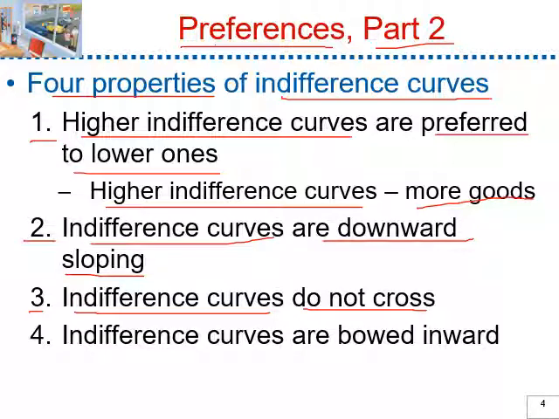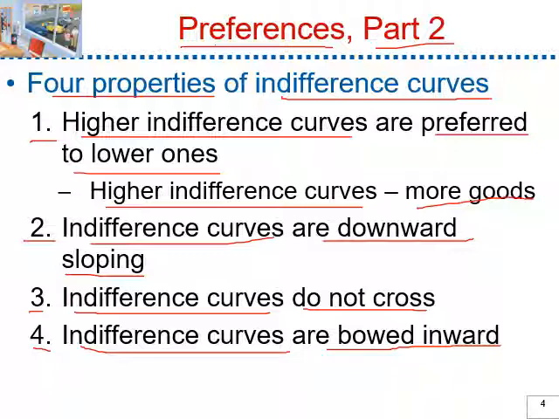The last and fourth property is that indifference curves are bowed inward. This means that the slope of an indifference curve is the marginal rate of substitution, the rate at which the consumer is willing to trade off one good for the other.